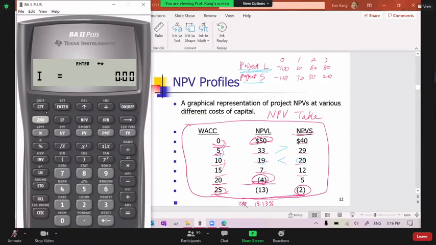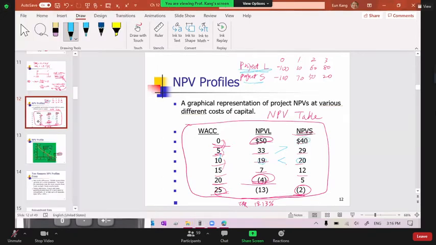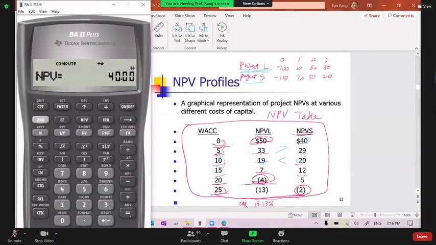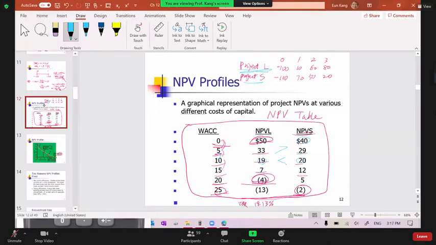What's going on? Oh, sorry, I have to go to net present value. Down arrow, compute. 40, right? Did you get 40? Yes, I got it. Then up arrow, I is 5, enter 5, enter, and down arrow, compute. 29, right?